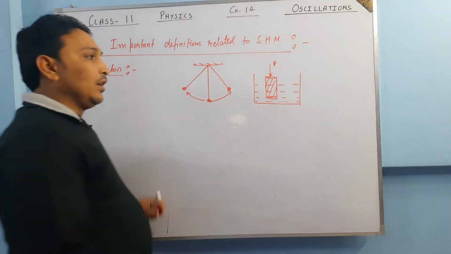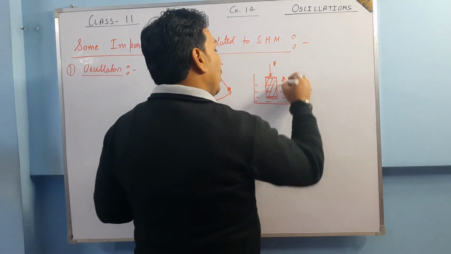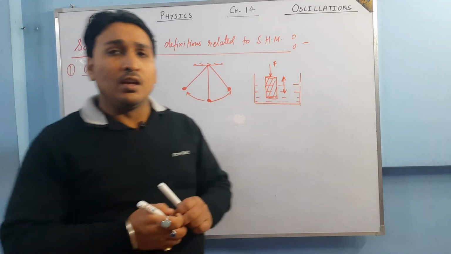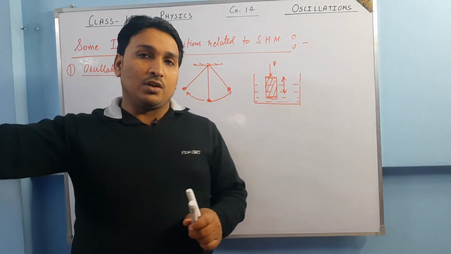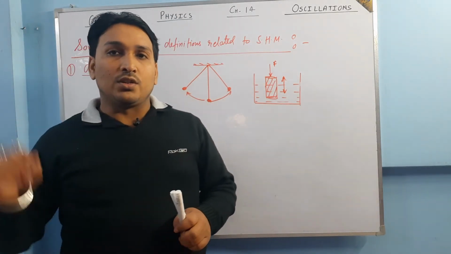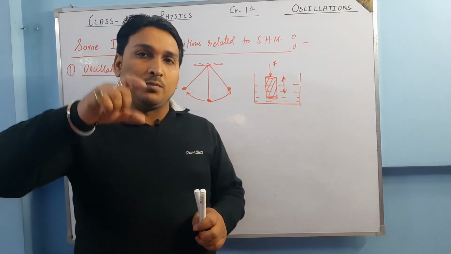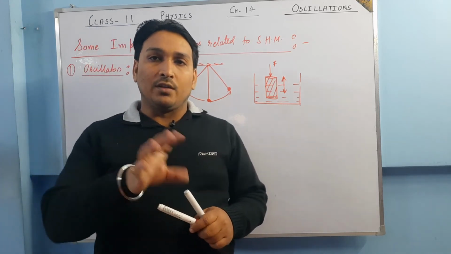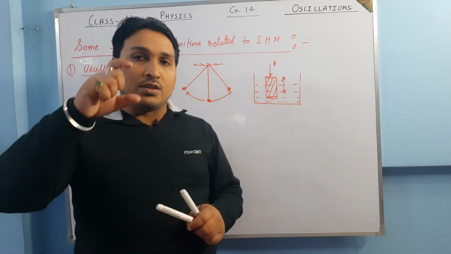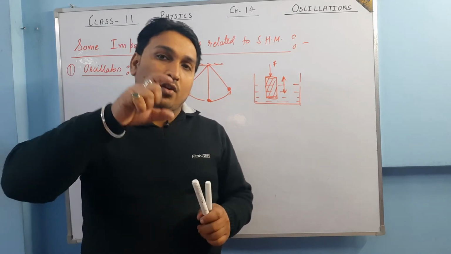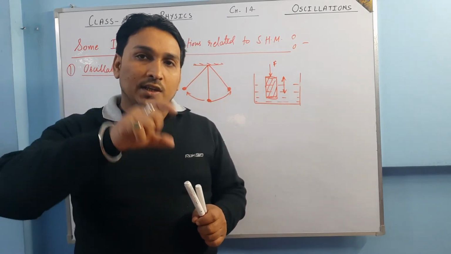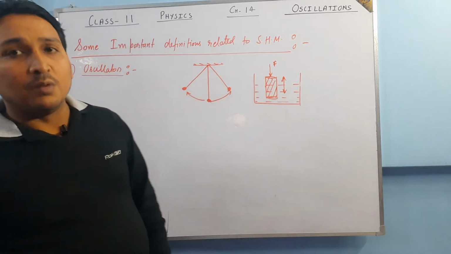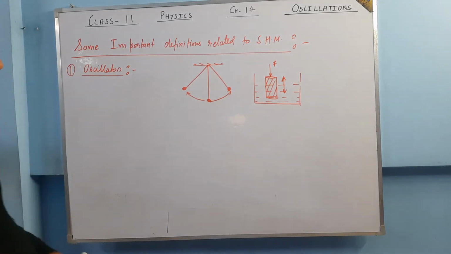Then this whole body will start oscillating in the liquid. You must have seen that while playing cricket: a ball going into some water-logged area, and you start throwing stones. The ball keeps on oscillating. It does not come with the wave, which we'll discuss in the next chapter. The ball starts vibrating on that position only. That up and down motion, the ball is said to be an oscillator. The particle which executes SHM is called the oscillator.